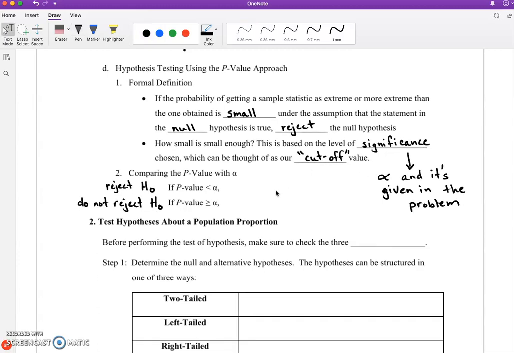And there's a silly little thing we can use to help us remember. It says if the p is low, the null must go.